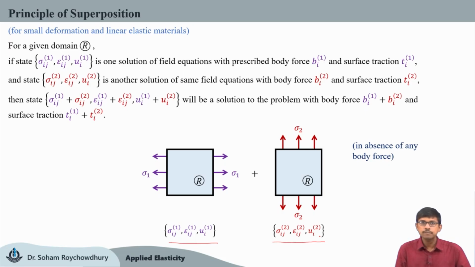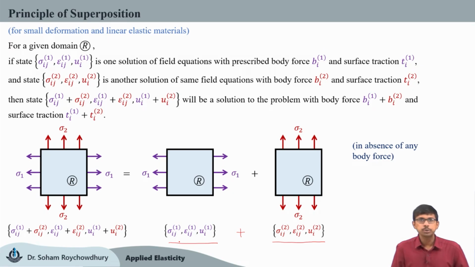Now, based on the principle of superposition, if you add these two loadings, so if you have a body subjected to sigma 1 along x direction and sigma 2 along y direction, that same body with same dimension, the solution of the field equations of that problem should be the same as the summation of these two individual solutions.